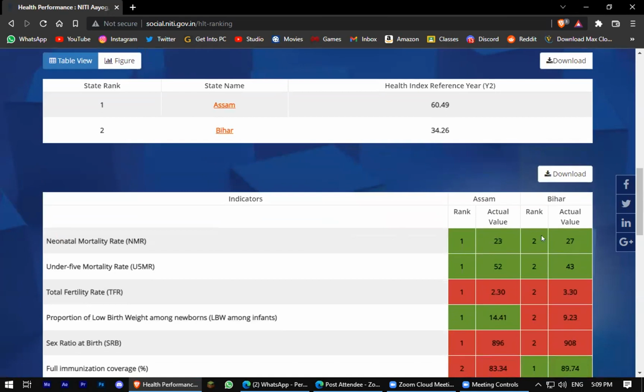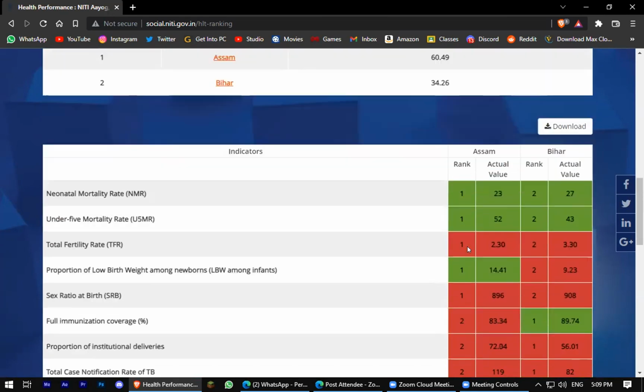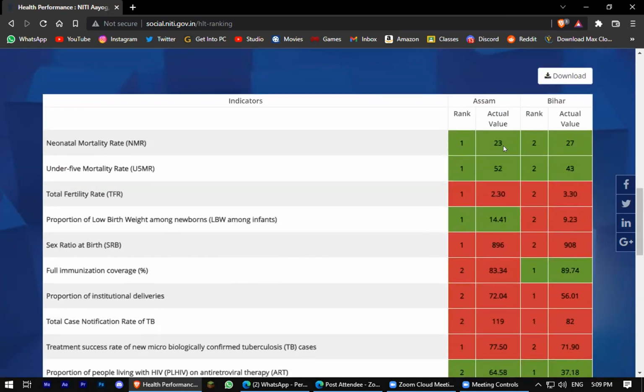Actual rank 23rd, actual rank 27. Assam 52, 43, 2.30, 3.30, total fertility rate. Proportion of low birth weight 14.43, 9.23. Sex ratio at birth 896, 908.